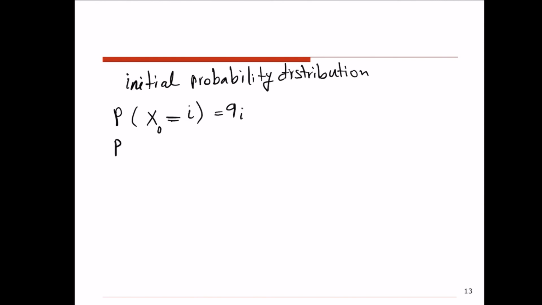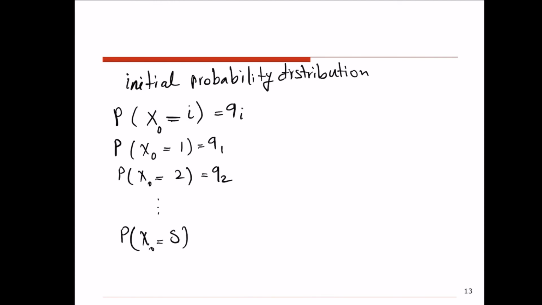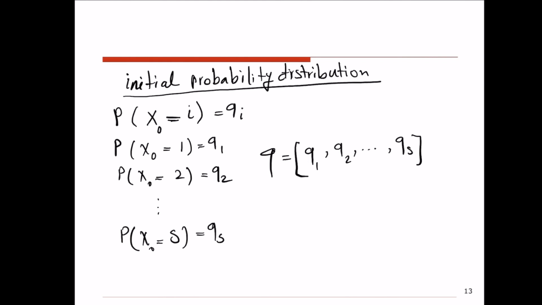The probability that at the very start I'm at state 1 is Q1, at state 2 is Q2, all the way down to the probability that I'm at state S, which I call QS. All of these probabilities, Q1, Q2, all the way to QS, form what I call vector Q, and that's what I mean by initial probability distribution.